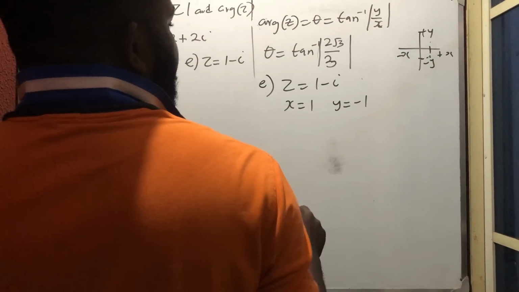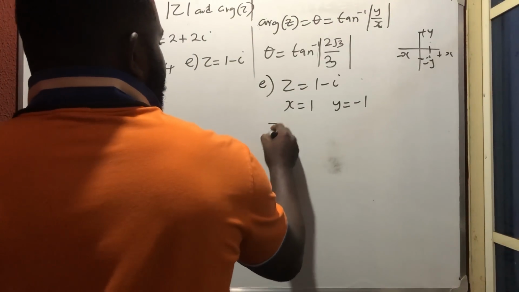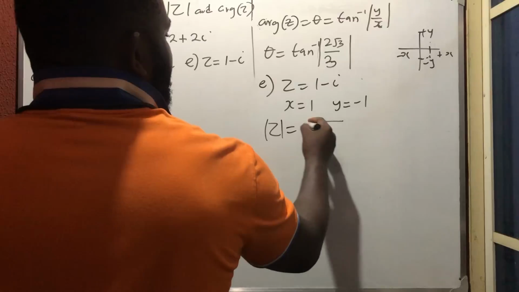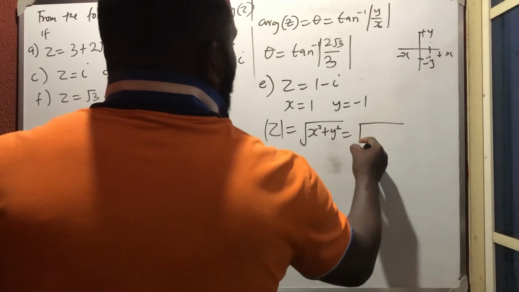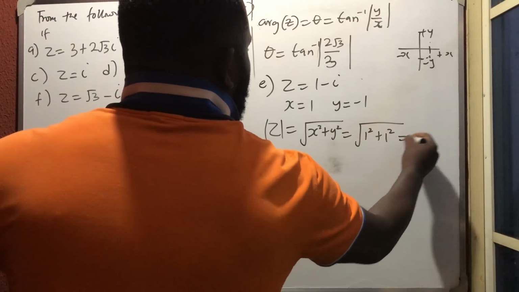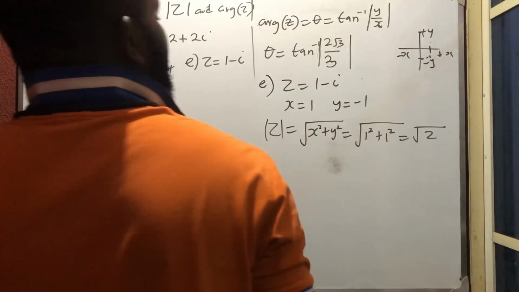So this one now, we have that my z modulus is the square root of x squared plus y squared, which is the square root of 1 squared plus 1 squared, which is the square root of 2.